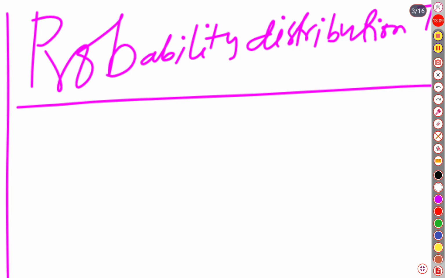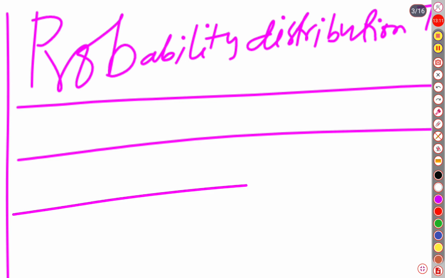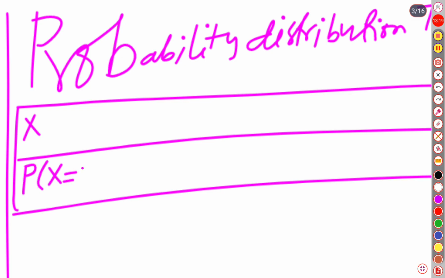Yes, this row is x, and this row is the probability of each value of x. So what are the values of x given?